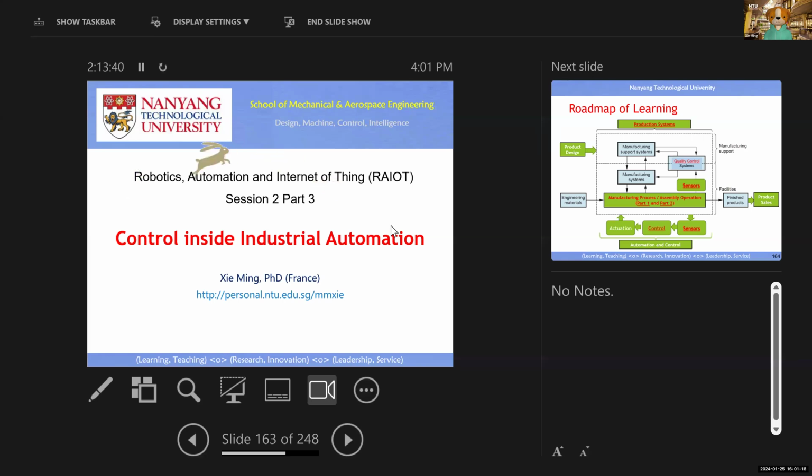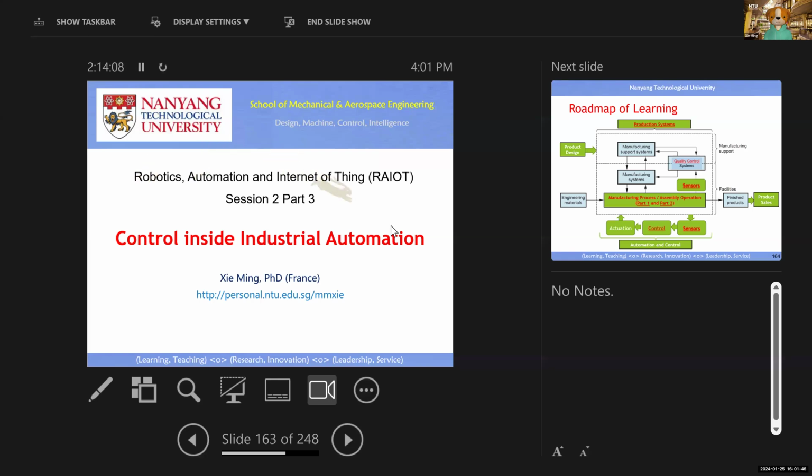And among those difficult processes, we are able to identify the key parameters, key variables, which must be put into control, right? So by controlling all these key parameters or key variables, we can achieve the desired output in the production system. Okay.